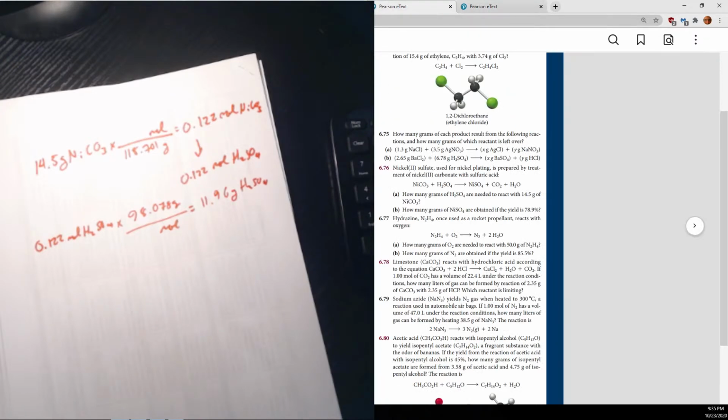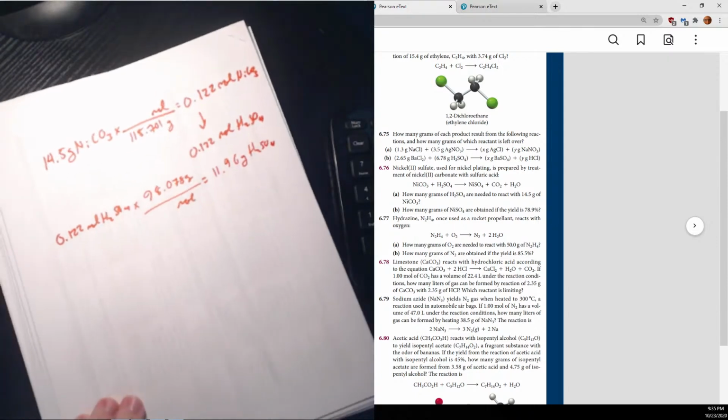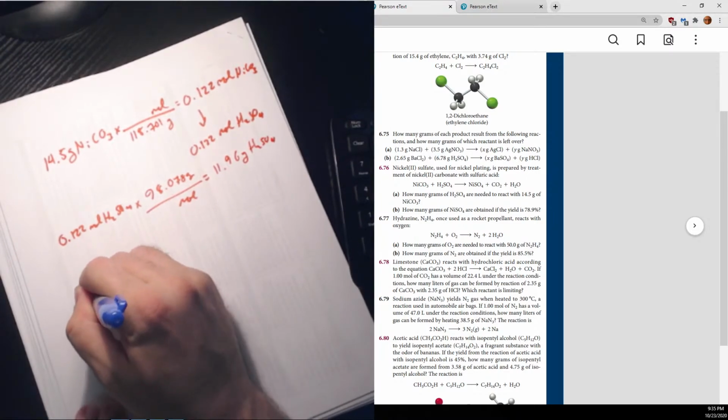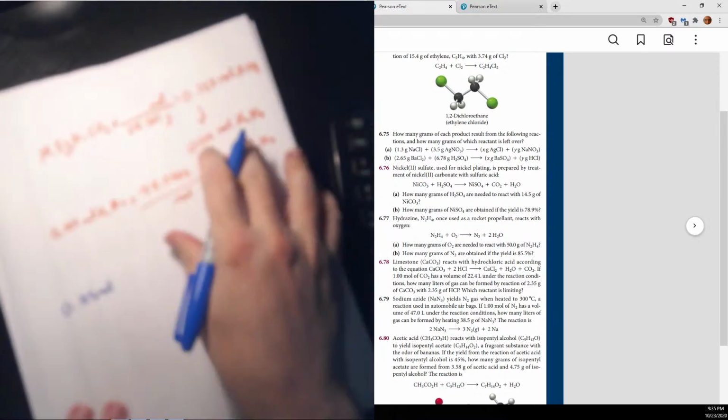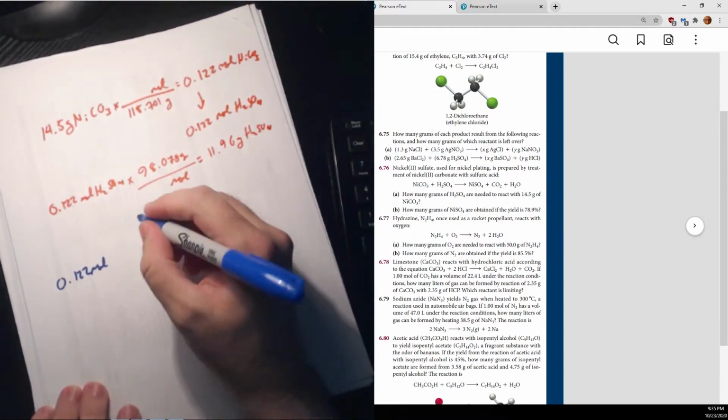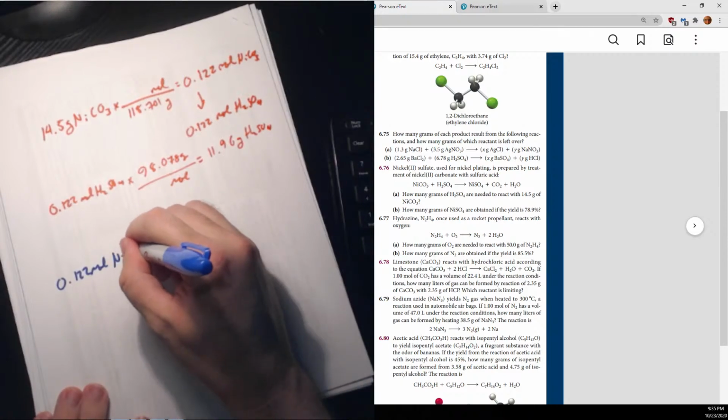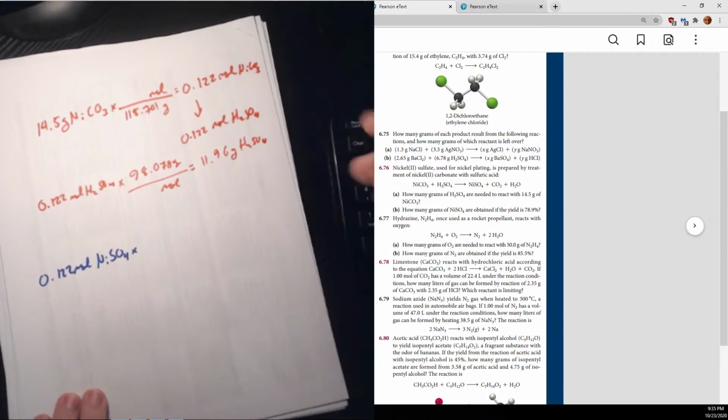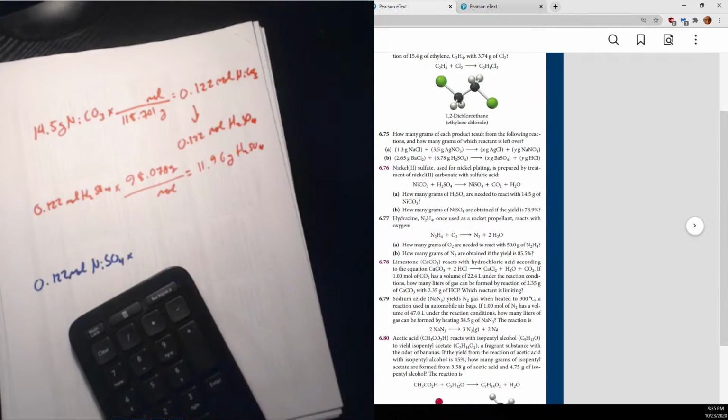B. How many grams of nickel sulfate are obtained if the yield is 78.9%? Oh, good, a percent yield problem. All right, so it's 0.122 moles. We're doing the same deal, so it's still 1-to-1. We're going to theoretically get 0.122 moles of our nickel(II) sulfate. So for the mass of that, we need the molar mass.